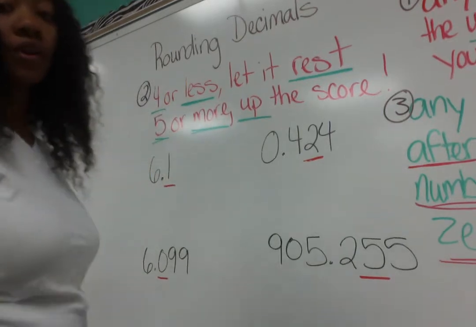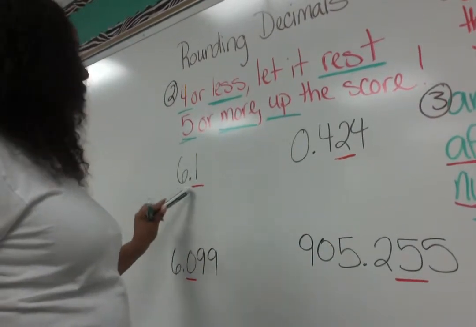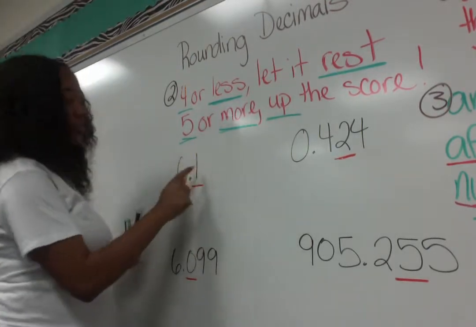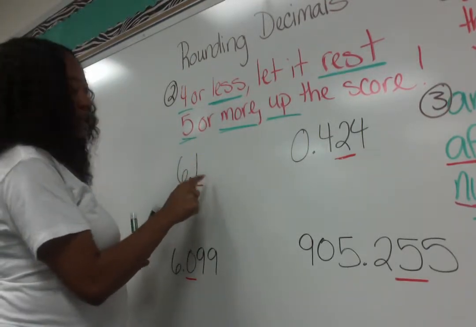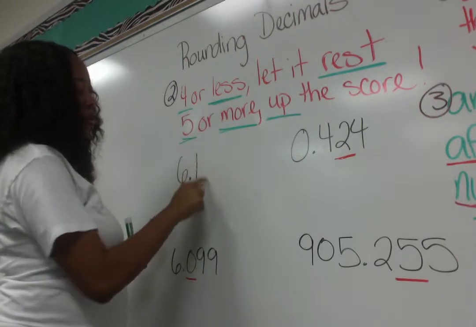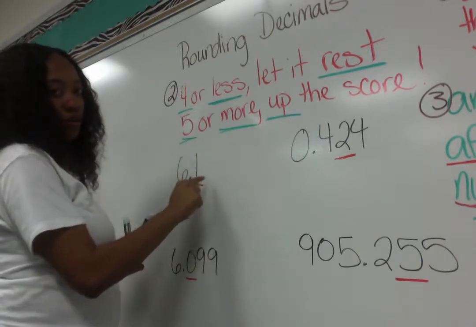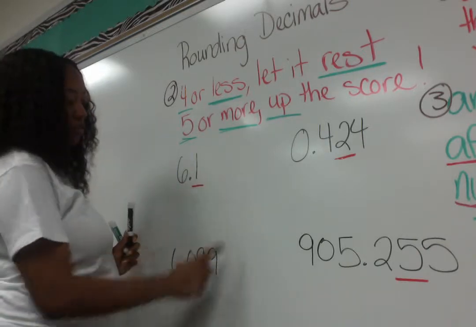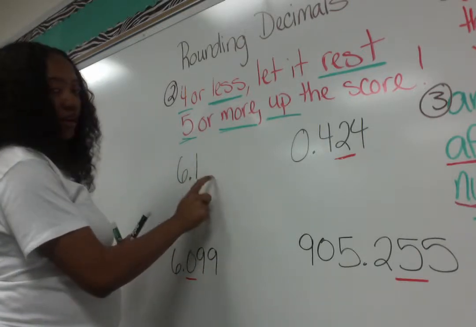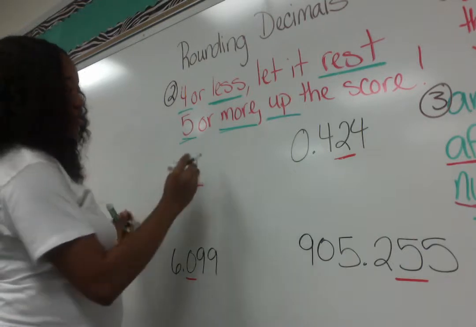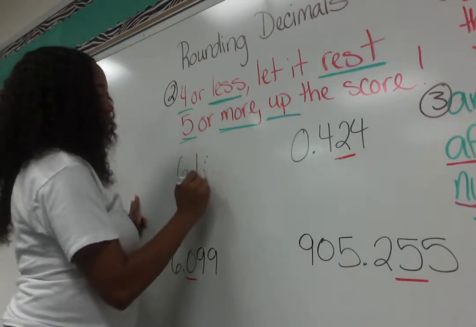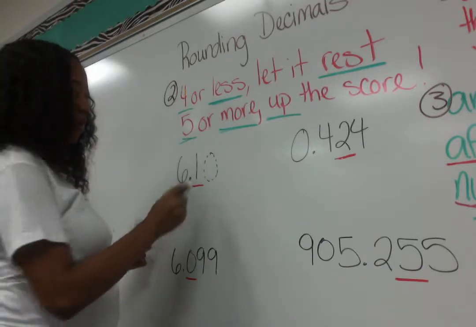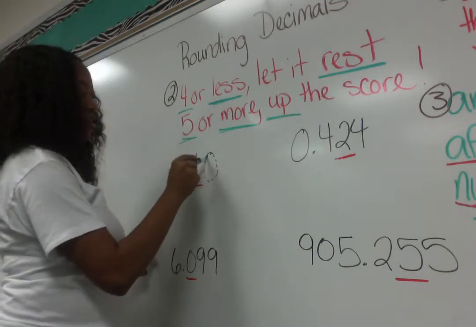All right, this first number we have here is 6 and 1 tenth. Now, after my tenths place, I don't see any number here. But we all know that what number is behind or in front of any number? The leader and the last person. If you said an invisible 0, you are correct. So I can actually add a 0 here.